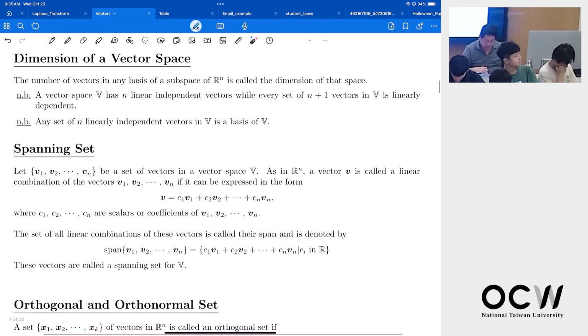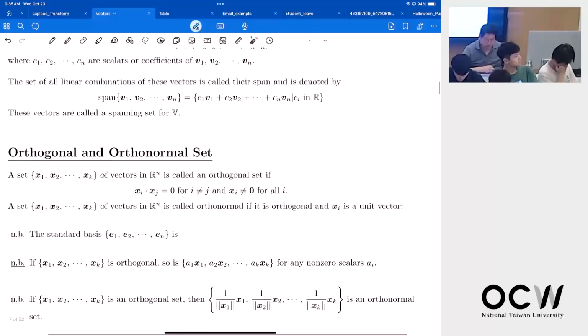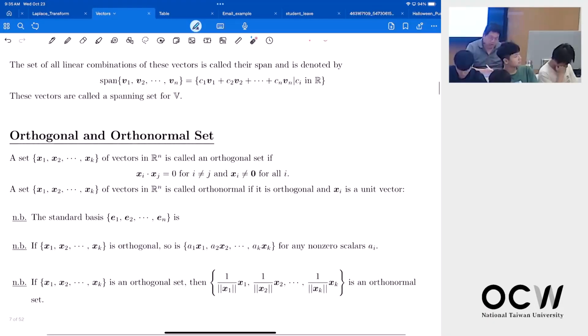Next one, let's see the orthogonal and orthonormal set. What is an orthogonal set and an orthonormal set? First, we say that this set is orthogonal. That means the vectors x1 to xk are orthogonal if and only if any two of these vectors have a dot product of 0, but each vector is not a 0 vector.